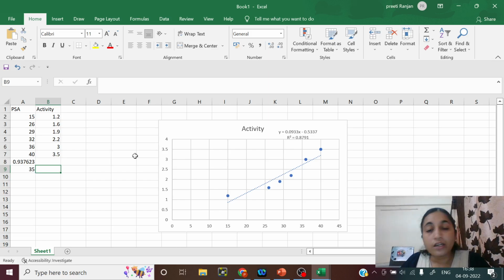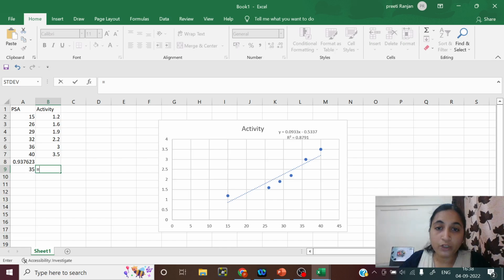Now if we move to question number 9, they give the polar surface area as 35 and want us to calculate the activity. So how will we calculate? In this equation, we have this x value 35 and we have to calculate the activity, this y value.